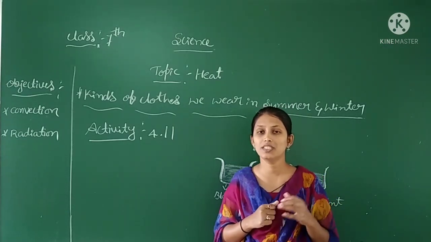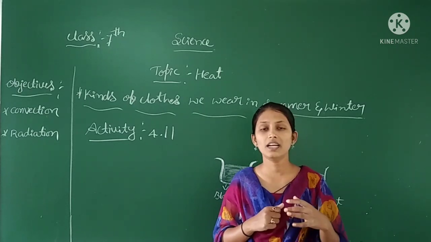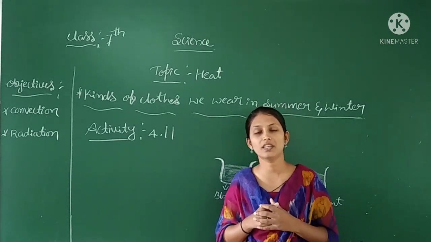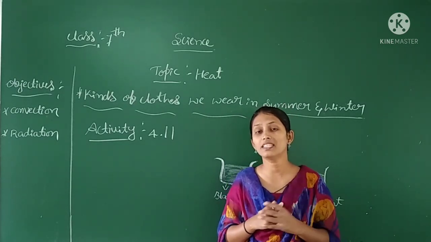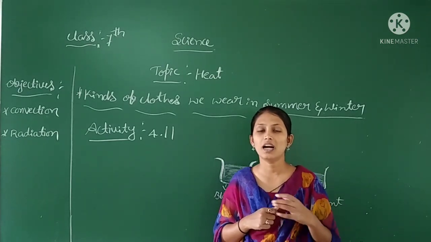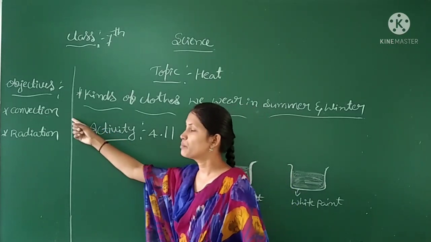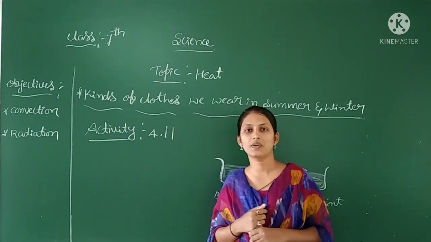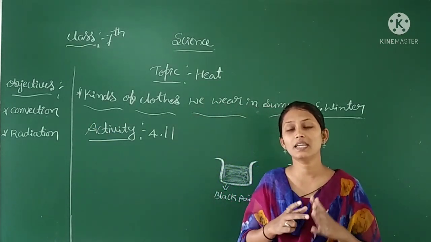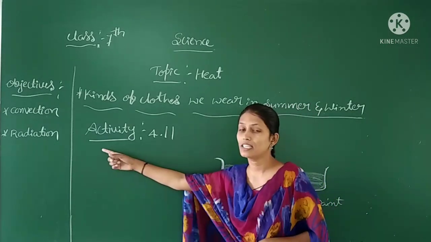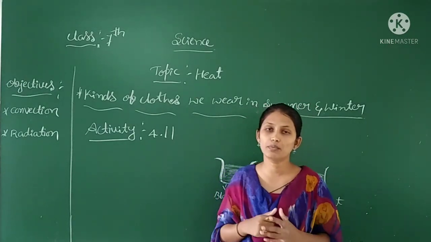Later we discussed the transfer of heat. Heat is transferred in solids by the conduction process, and in liquids and air by the convection process. Heat can also be transferred by another method, that is the radiation process.